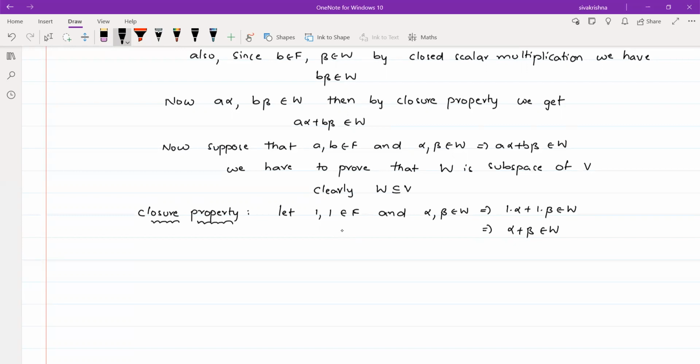If I consider 2 elements in W, I have proved that the sum of those 2 elements also belongs to W. This is true for any 2 elements in W. Therefore the closure property holds.